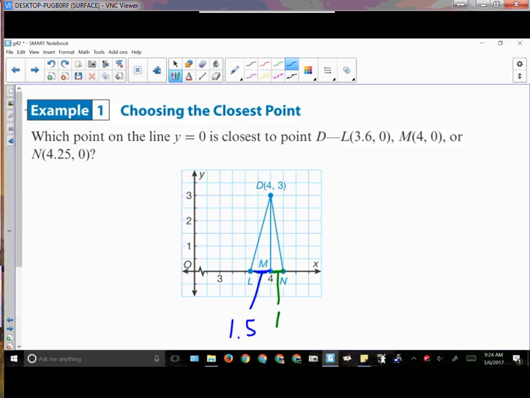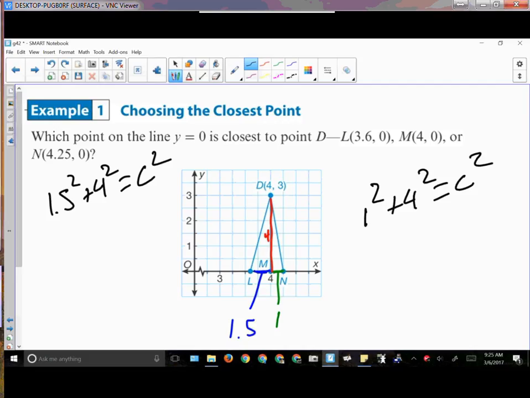It's further away, right? Now, if I were to use that Pythagorean theorem idea, this distance here is going to be 4, correct? So if I've got a right triangle here where I end up having 1.5 squared plus 4 squared is equal to c squared, or if I do it over here, 1 squared plus 4 squared is equal to c squared, which one's going to be a smaller value, the left side or the right side?